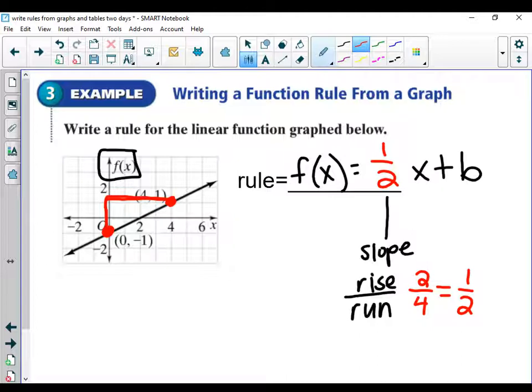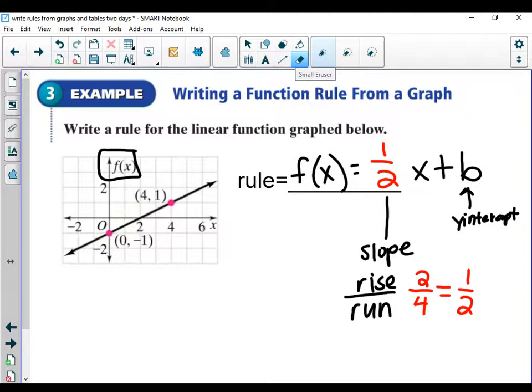Bryn, what's b again? The y-intercept. So I'm hoping that I can erase b and put in a y-intercept. So that line has to hit the y somewhere. Where is it hitting the y? Maddie? I have a question. Just real quick. In between the x and the b, is that supposed to be plus?